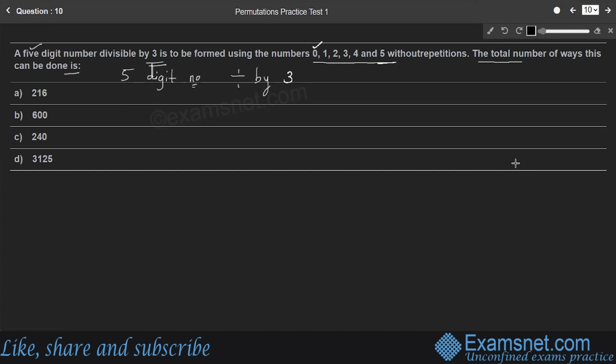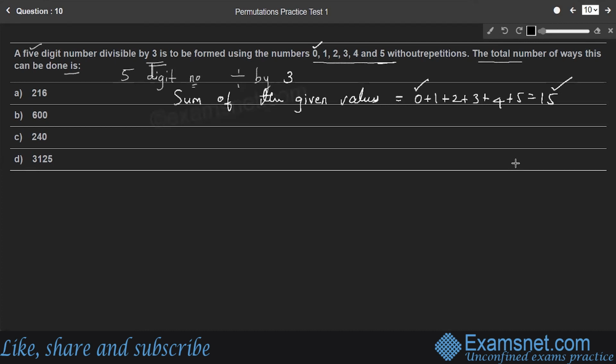The sum of the given values is 0 plus 1 plus 2 plus 3 plus 4 plus 5, which is equal to 15, a multiple of 3, divisible by 3. Therefore, we have to decide which value should be neglected here.